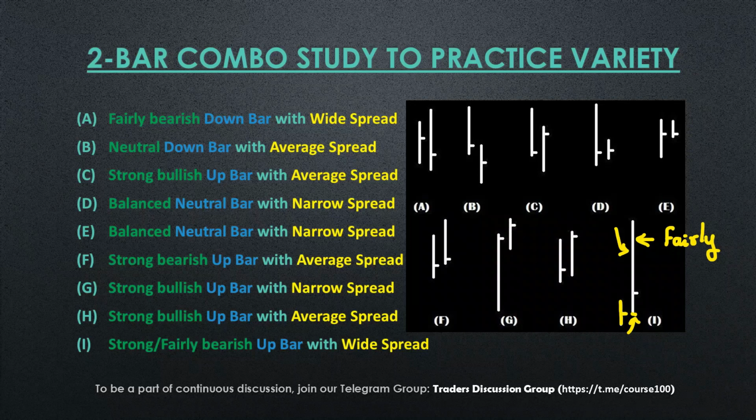But when we see a bar like this, a narrow range balanced bar, which is closing near the previous close, where is the follow through? If there is no follow through, we can interpret that my sellers are there, but they are not that strong, or maybe they are absorbing some demand first before moving down.